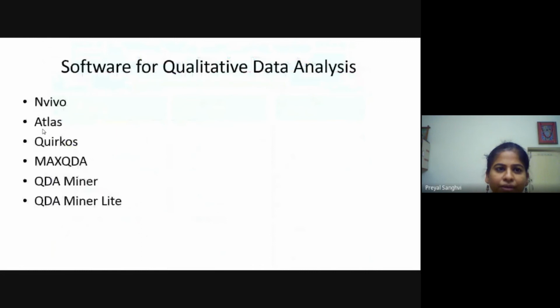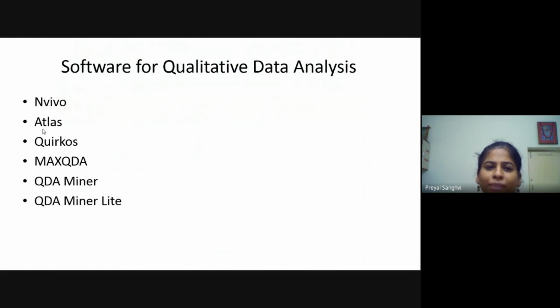If we want to analyze the qualitative data, there are many different types of software available. Through different types of software, we can analyze the qualitative data. We have discussed that qualitative data can be available in text form, image form, or audio form.